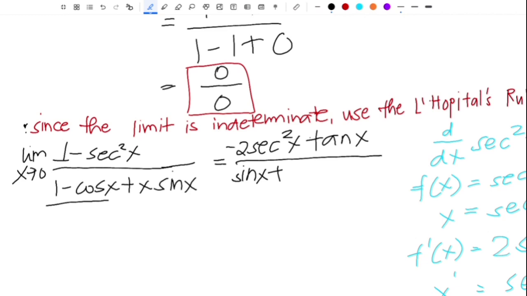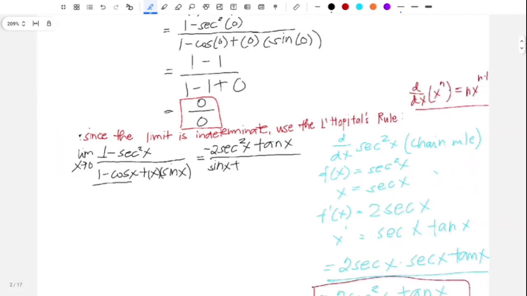What are we going to use in this case? We can use product rule again, since this is our first term and this is our second term. Okay, what is the rule in product rule again?